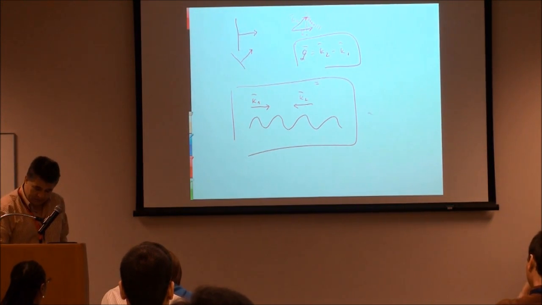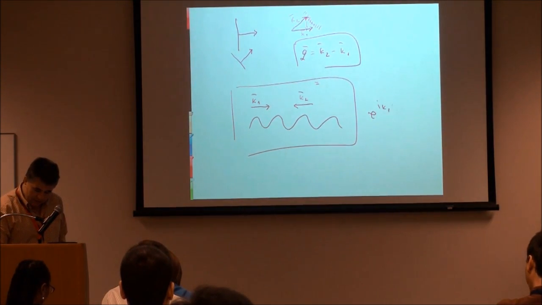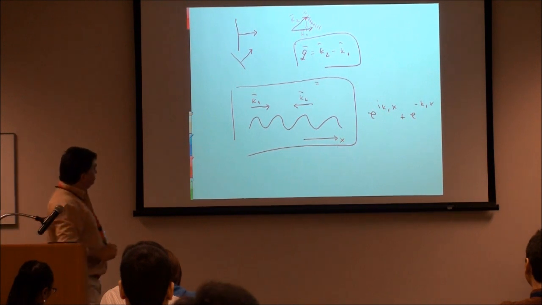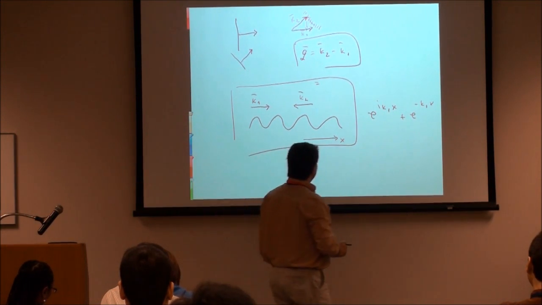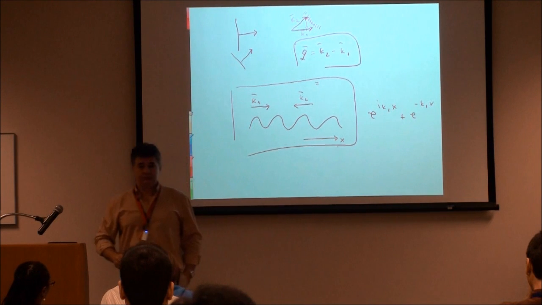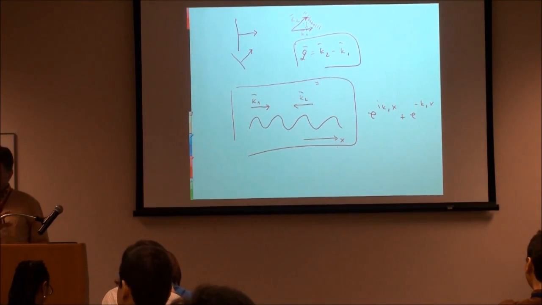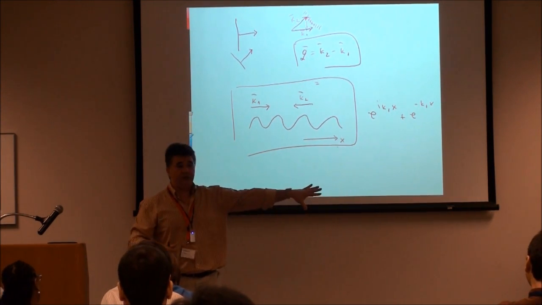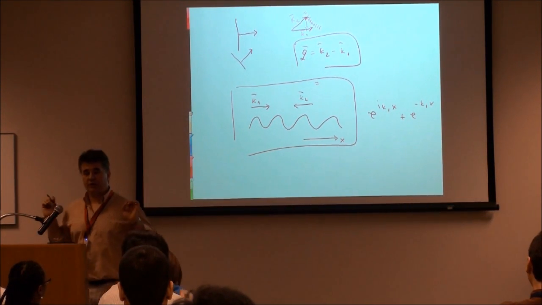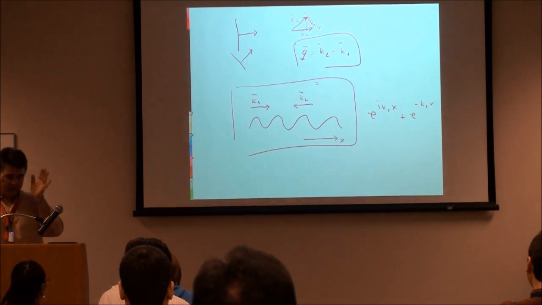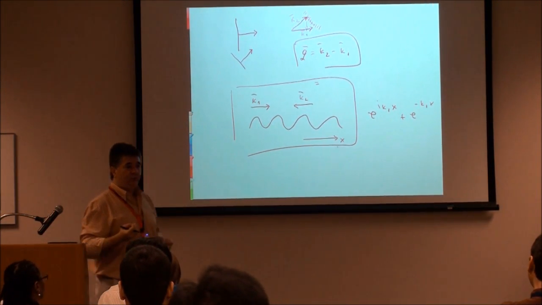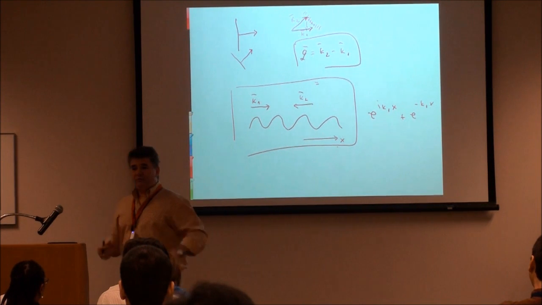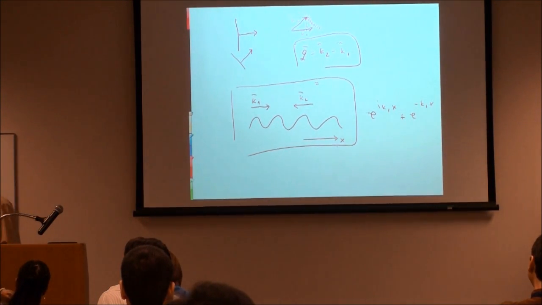In other words, something like e to the i k1 x plus e to the minus i k1 x, assuming this is x. So with this physical meaning, I can now solve the spatial distribution. I already have a good feeling about the time domain part. I can go now full force to Maxwell's equations, and with this understanding of the importance of the wave vector, I can apply my Fourier relationships and properties.